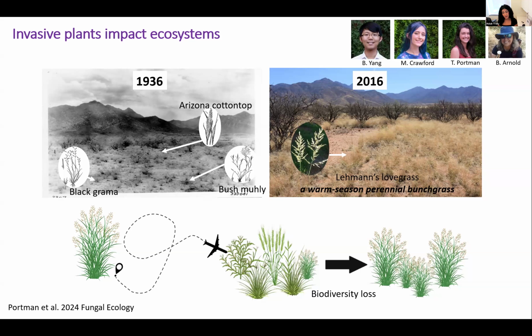So the chemical biology approach that we implemented in this study aims to bridge this gap by investigating the molecular level processes that drive the invasion of this lemon lovegrass, potentially informing more effective management strategies and contributing to broader ecosystem preservation efforts in the face of both invasive species and climate change.